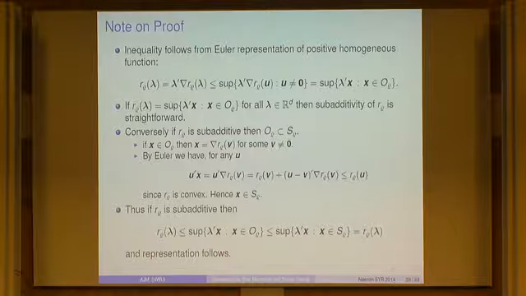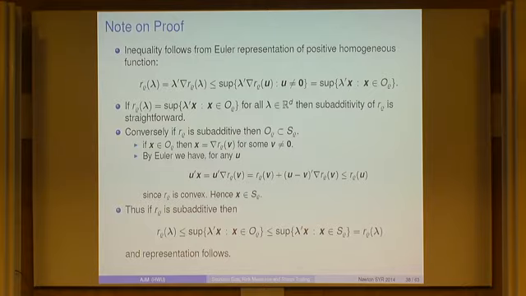It's well known that because of the positive homogeneity of this function, you can write it in this form, lambda transpose times the gradient vector. And then this is obviously smaller than the supremum of lambda transpose times the gradients at points u, excluding the zero vector. And this is precisely how I define the set O. So that's how we get the inequality.